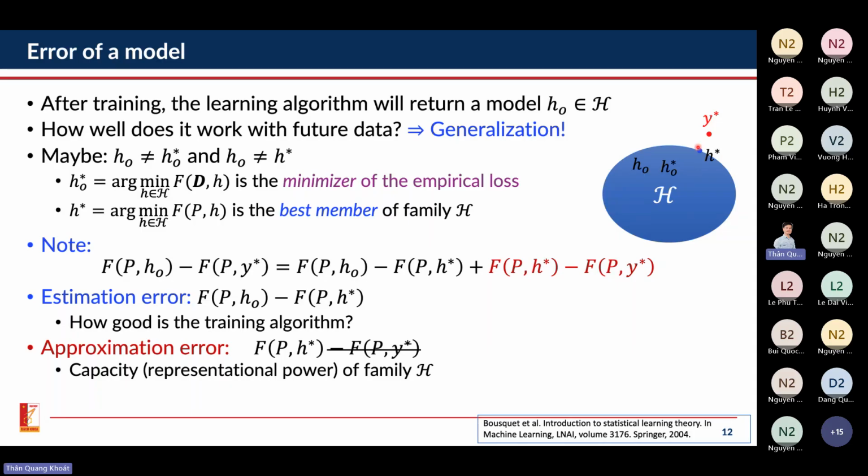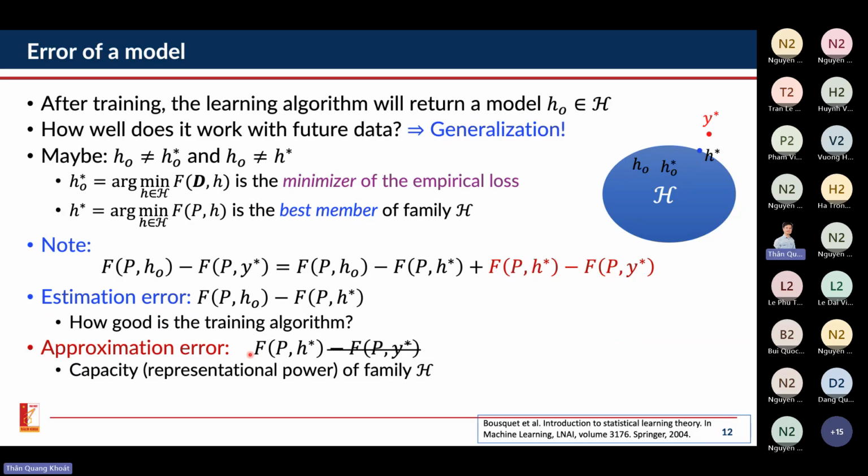In other words, the best model in this family should be very close to the truth. Otherwise, we can say that our family can be very bad. And it is represented in this kind of error, approximation error, okay? And we cannot avoid that.